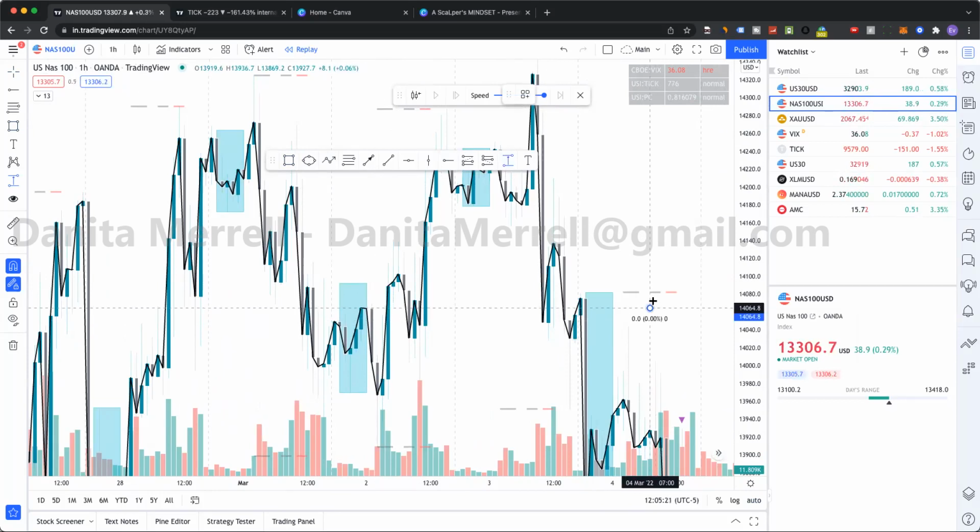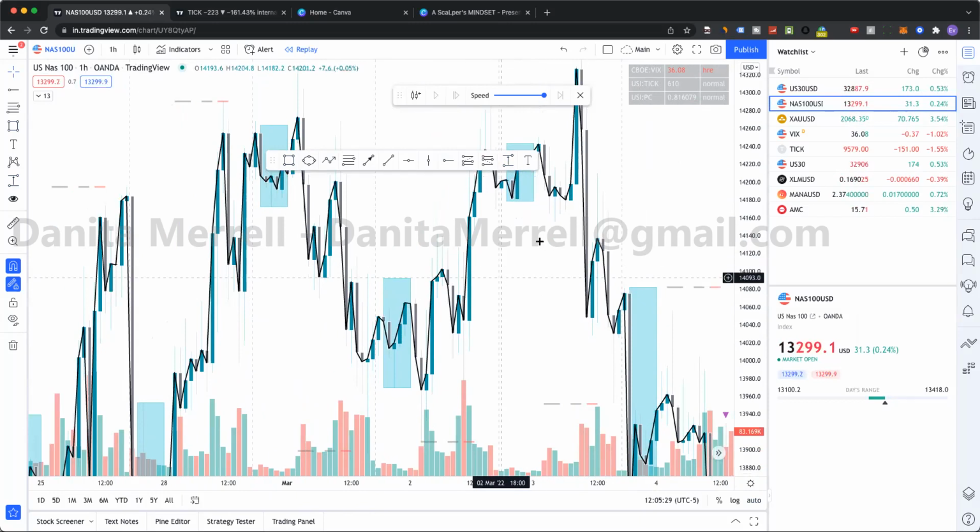So from our entry point here, it's about 152 pips, okay, with about 35 pips of drawdown. So you probably have to use a lower time frame, but for the sake of the study, this is your entry point here, okay? And I'm just highlighting the wick, and price moves up from here.